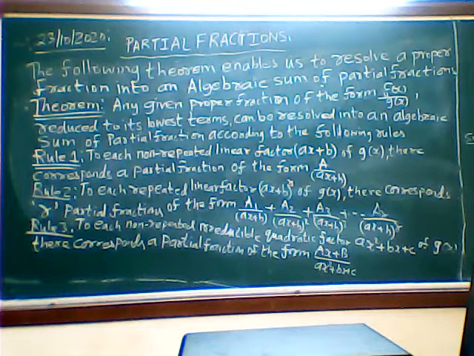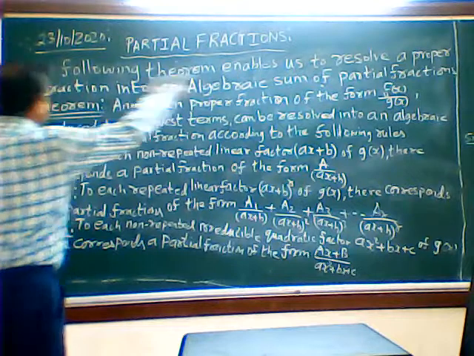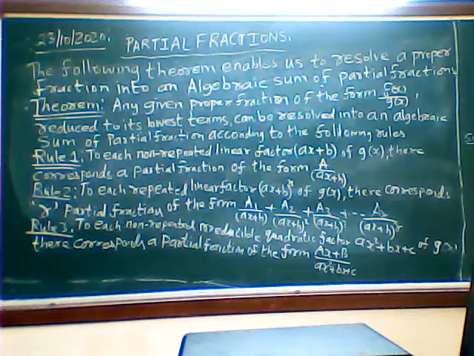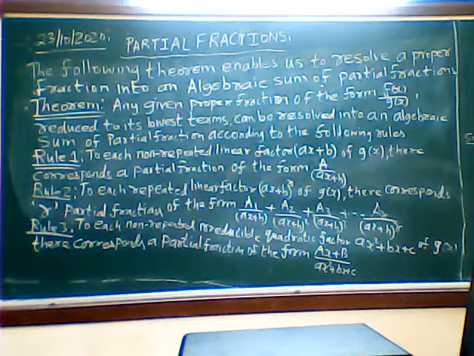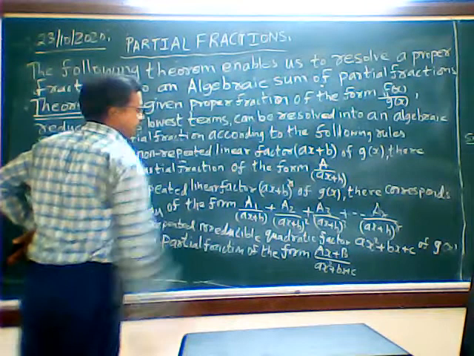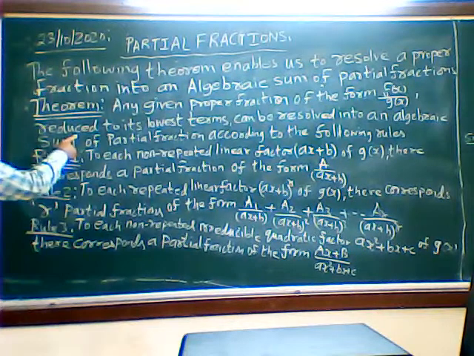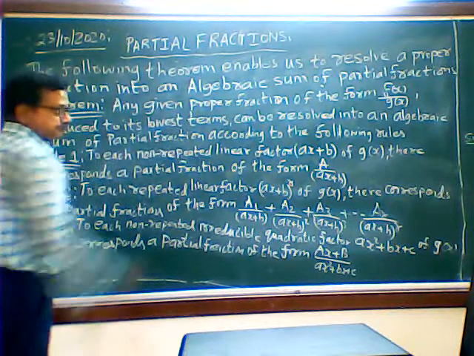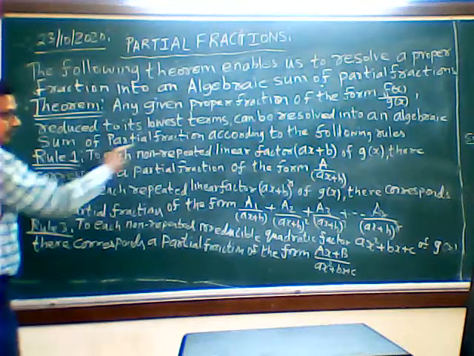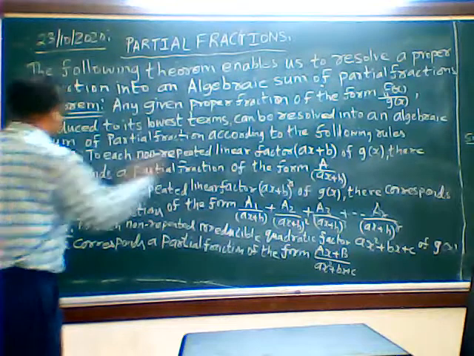Now, what is it saying? The theorem says any given proper fraction of the form f of x divided by g of x, reduced to its lowest terms, can be resolved into an algebraic sum of partial fractions according to the following rules.